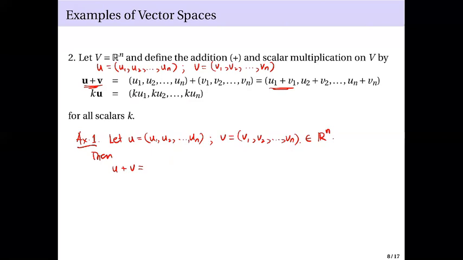But notice, according to the definition, u plus v is equal to u1 plus v1, comma, u2 plus v2, comma, until un plus vn. This is by definition, and this has n components.